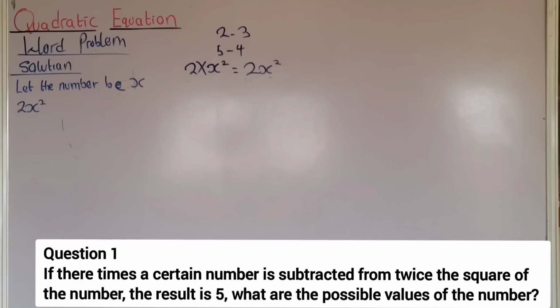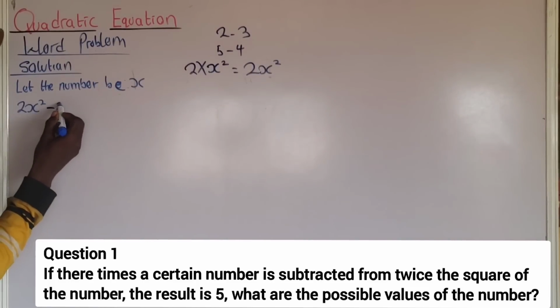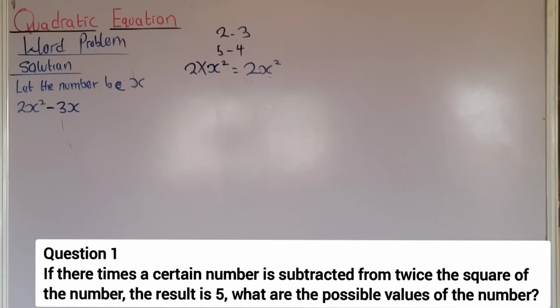Now, we are told that 3 times a certain number is subtracted from twice the square of the number. That means I'm going to have 2x squared minus 3x. I hope you get what I'm doing. I'm just trying to make sure that you understand, because if you didn't learn how to interpret the question, even though you know how to solve quadratic equations, you might have problems and make some mistakes.